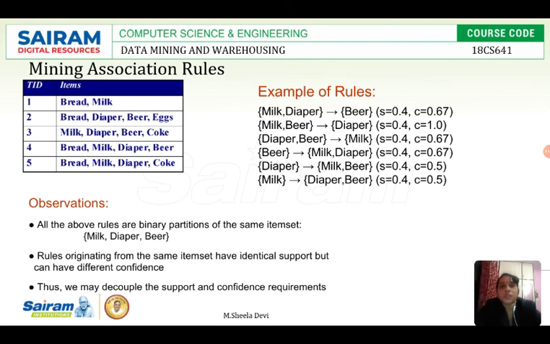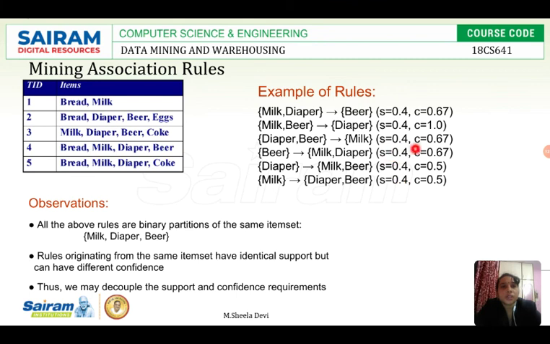So if we keep the minimum support threshold at 40% and the confidence level at 50%, then it will be rejected because the confidence level is 0.67 here. So both the conditions should be satisfied. And here 40% and 1.0, so this will be accepted.